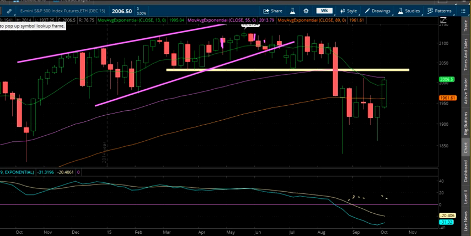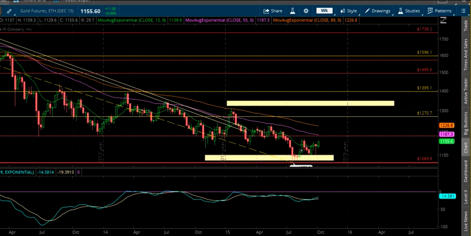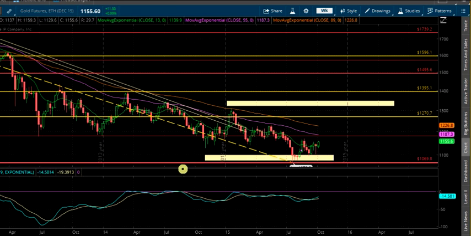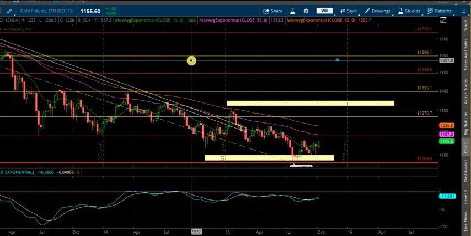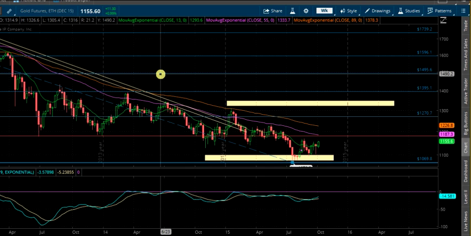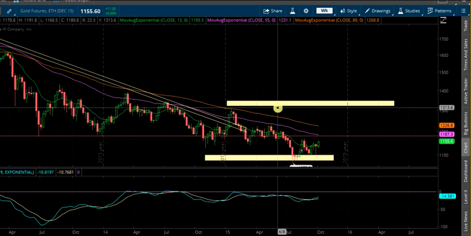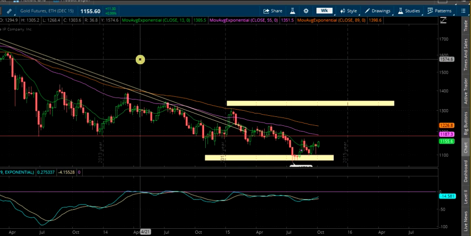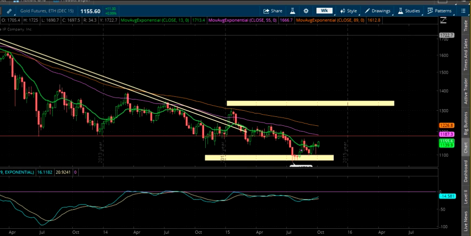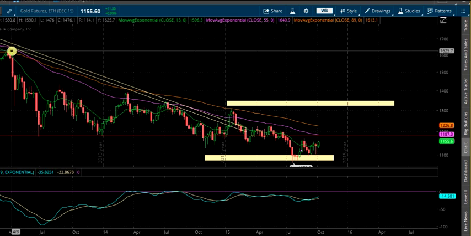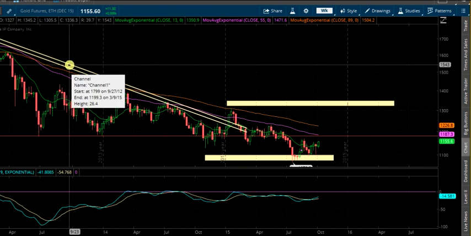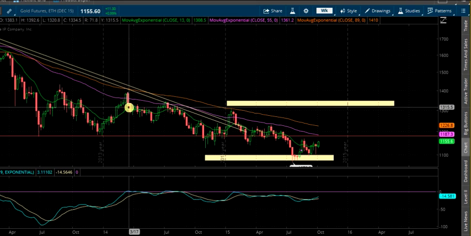We didn't look at gold. Let's look at gold real quick. And it's very busy. I need to get rid of some of this stuff. Probably should have done that first. Gold, we have this really long downtrend that started back in 2012, I think.